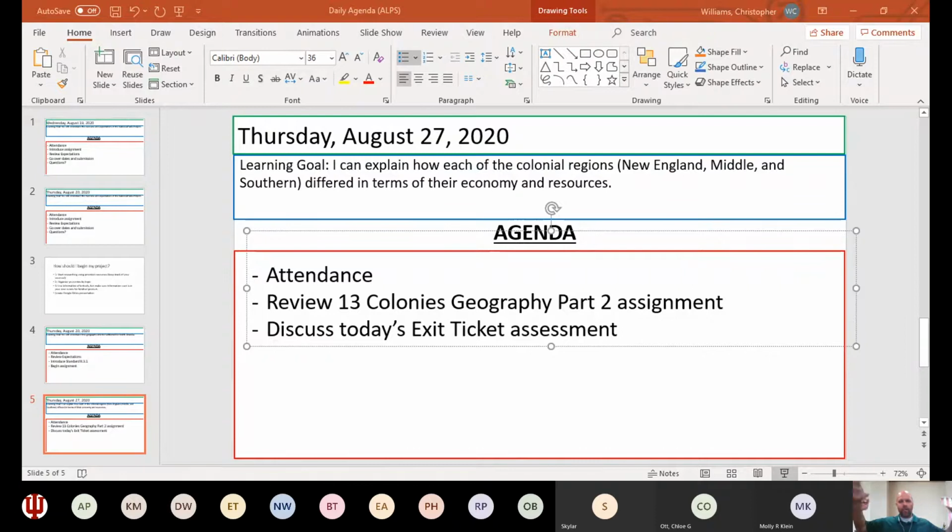They're not just all called one. They're called the original 13 colonies, but the fact that we are grouping them into three different groups means there are going to be some differences between these three groups. New England differs from the middle, which differs from the southern colonies, okay?